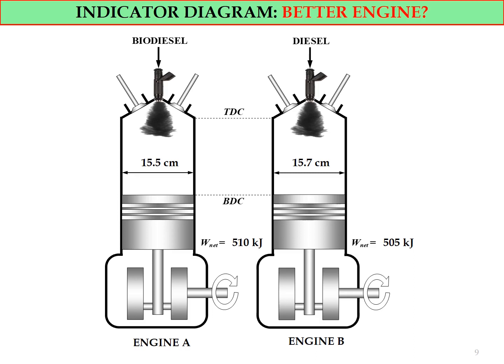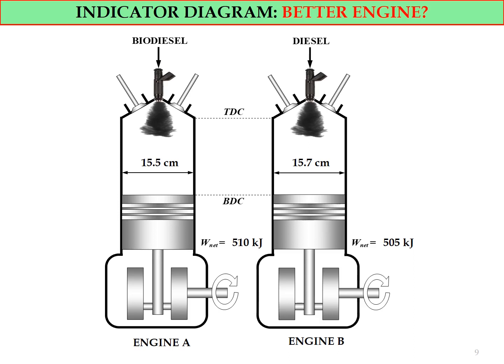The second engine uses diesel fuel, the engine bore equals 15.7 cm, and this engine produces W net equal to 505 kJ. If you look at both engines, they are quite similar in terms of size, and the W net output is also quite similar, more or less equal.